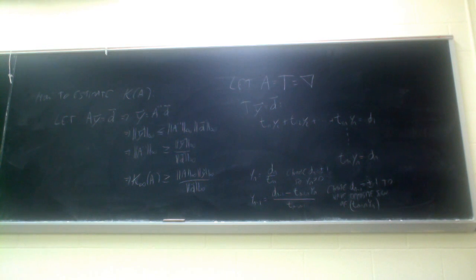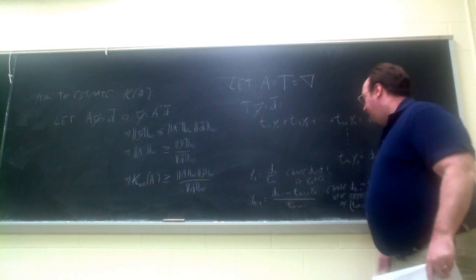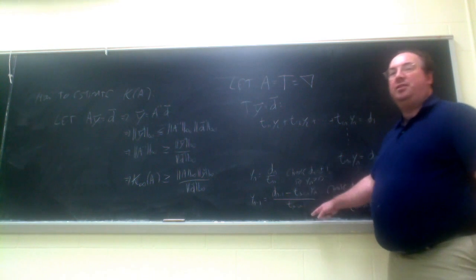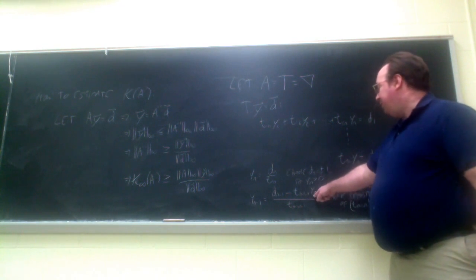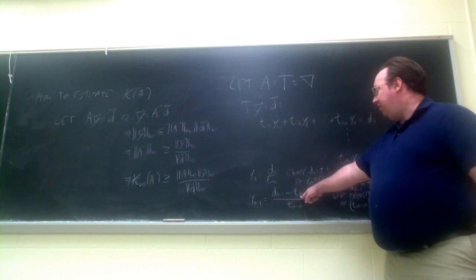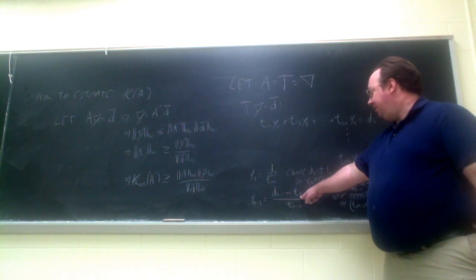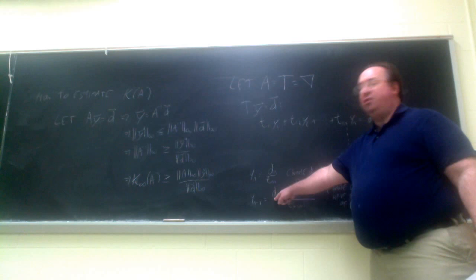Excuse me, so once we choose dn to be plus 1, dn-1 should be plus 1 also? Well, it depends on the sign of the other elements. Here I've chosen yn to be positive. So if this entry of t is also positive, then this should be chosen to be minus 1.